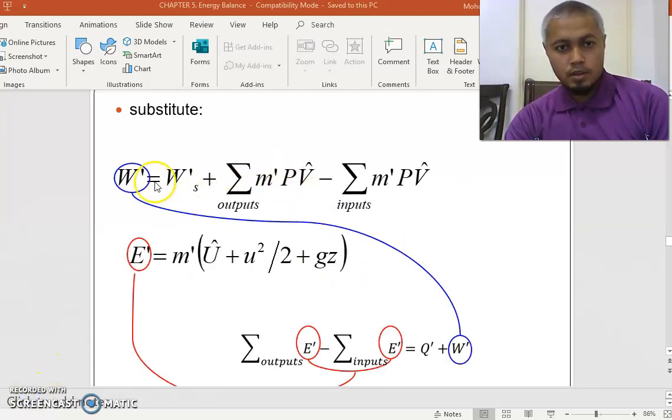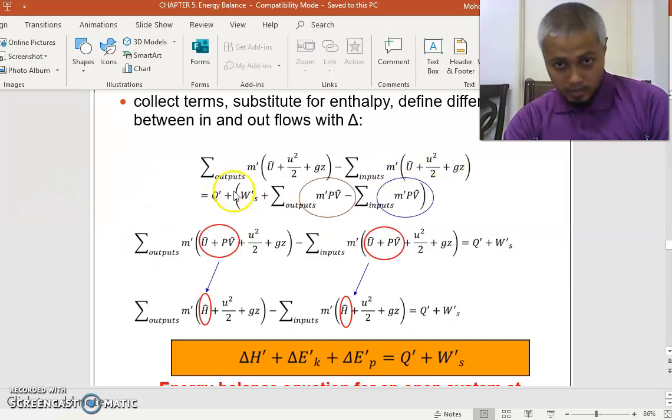Let's see what will happen if we substitute W and also E inside the formula here. What we will get is this expression, where this is the total energy output minus total energy input equals Q plus W.